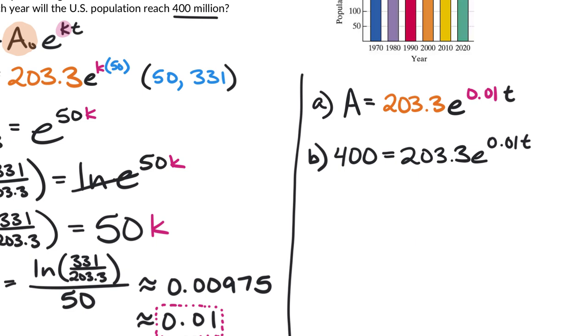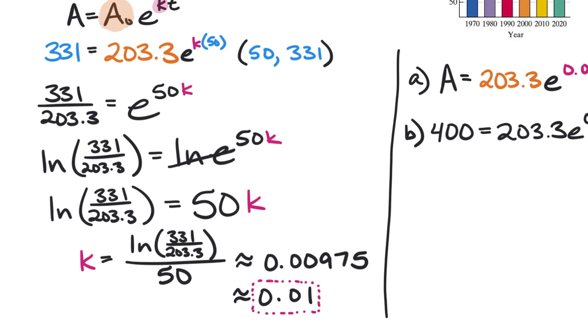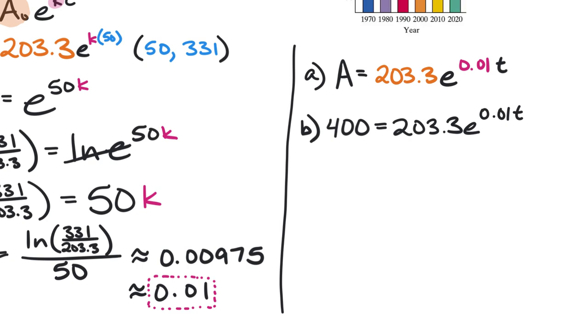But our steps are very similar to what we just did to solve for k. So let's repeat those steps. What should I do first to start solving for t? What did we do first here? Divide by 203.3. So I have 400 divided by 203.3 equal to e to the 0.01 t.